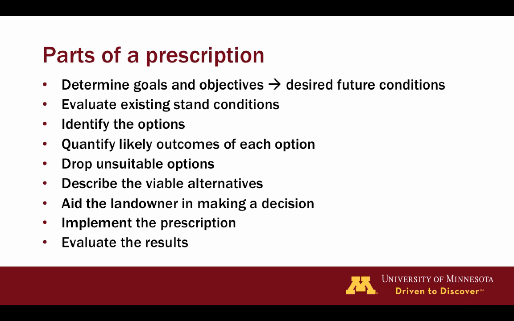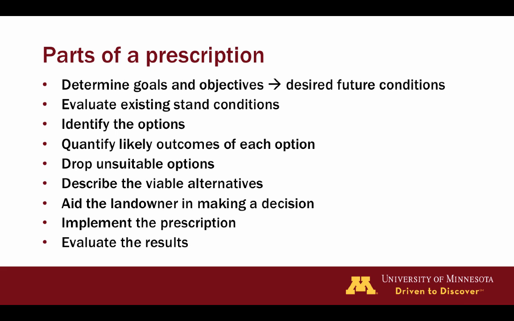You want to identify the options, and these options may be determined by the landowner, may be determined by your organization, but identify the options of how you can manage the stand. And then think about what the outcomes of those options are. And remember, one of those options is always no management. So no management is always an option.